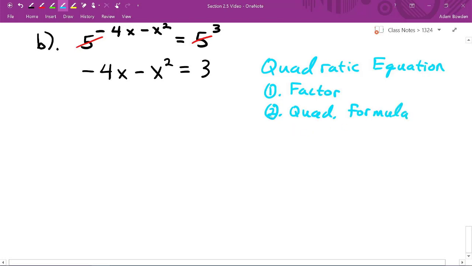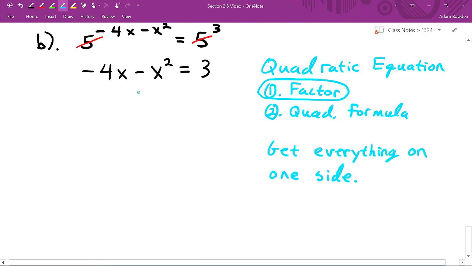Usually factoring is the easiest way to go if it's possible. In order to do this, or really either one of them, we need to get everything on one side of the equation. So I went ahead and added the x squared over to both sides, wrote it like negative 4x is equal to x squared plus 3.